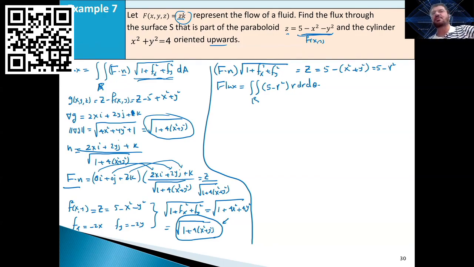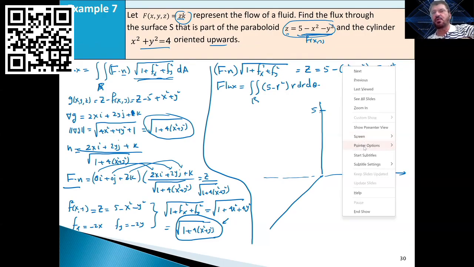Where is my region? How does this graph look like? Cylinder and this thing. All right, let's make the graph, guys, and see how the graph looks. This one is a paraboloid that goes to z equals 5. We have graphed it so many times, and it goes down.